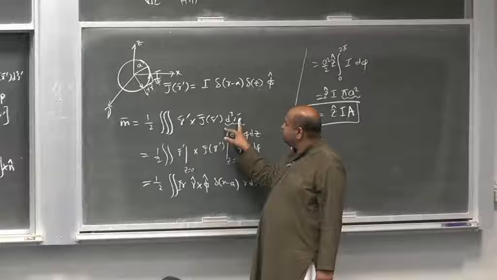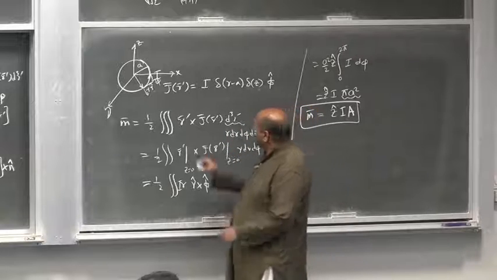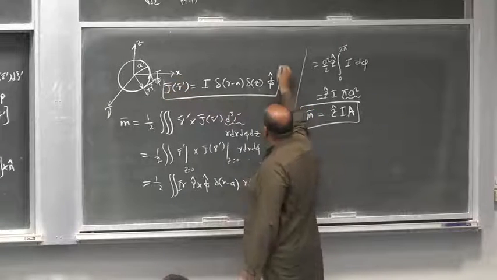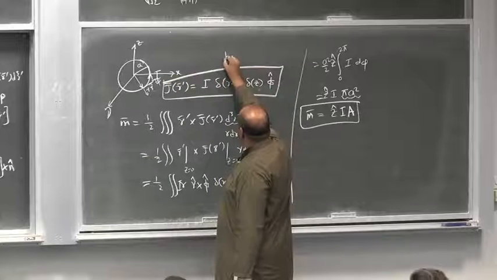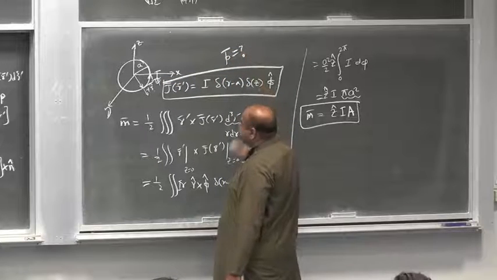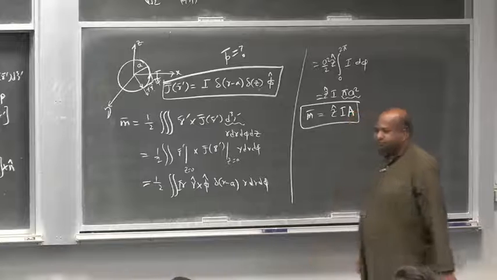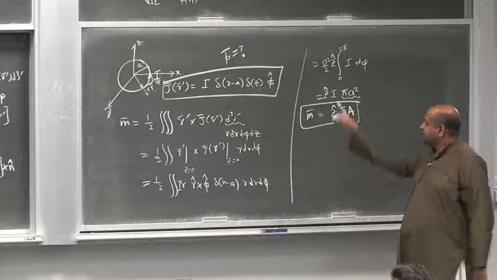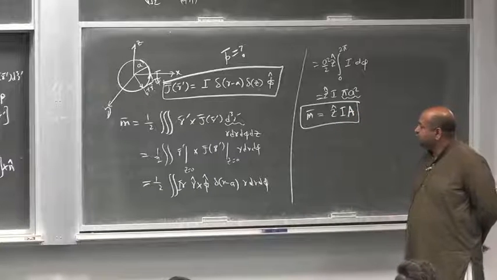So let's take a 5-minute quiz. Find the electric dipole moment of this current distribution. You have everything in front of you. The electric dipole moment of this current distribution.